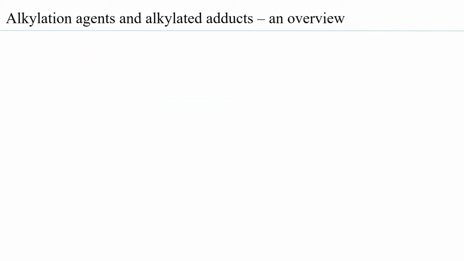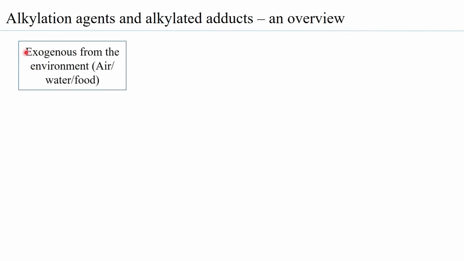So let us first get an overview of the alkylating agents and the alkylated adducts formed. We are not going to go into too many details, but just an overview. Alkylating agents can be from exogenous sources. For example, the environment, you can get it from air, water, food.